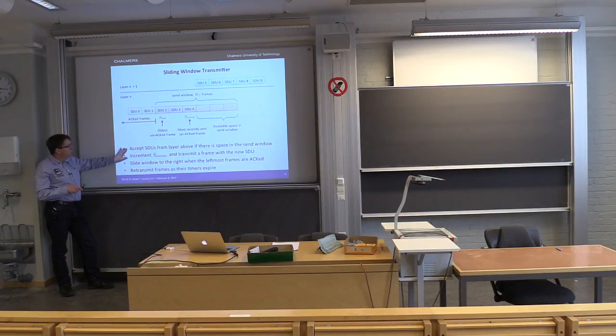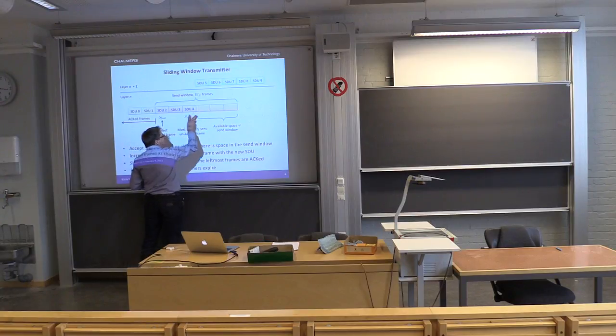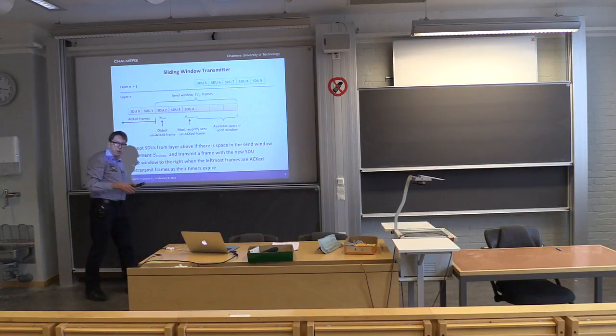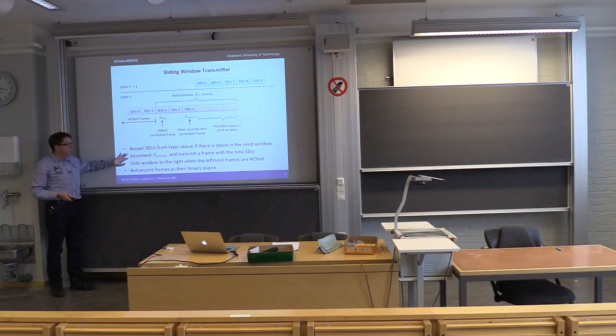Once we get the service data unit, we put that here, and then we increment recent to this number, and then we transmit that frame. So we transmit the frame with the new SDU in it.